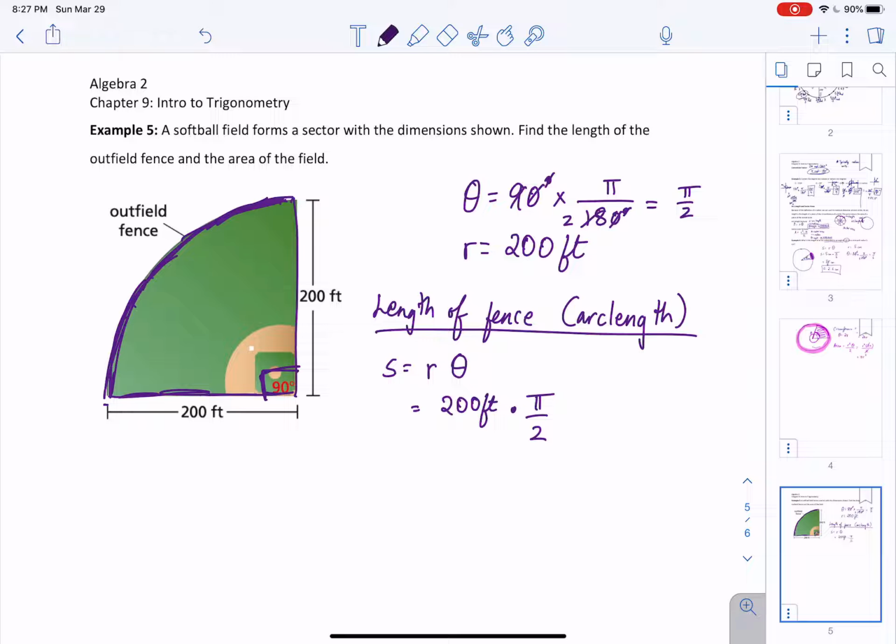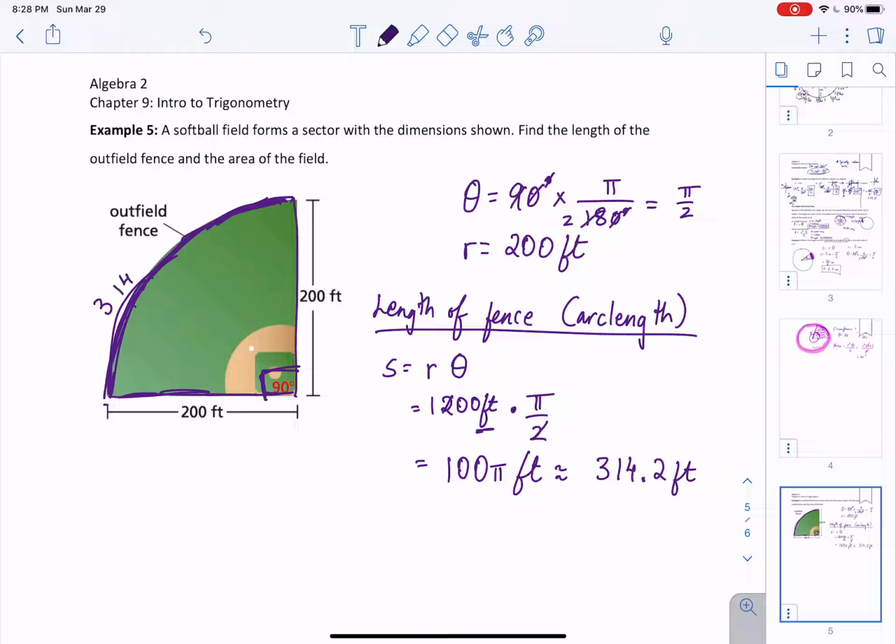Remember I said that radians don't have units, that's why we're not writing any units here. We just know that they're radians, but they don't have a unit attached to them. They just take on whatever length measurement we have. So the 2's will cancel, right? 2 goes into 200 100 times. You get 100 pi feet, which if I calculate that, 100 times pi is about 314.2 feet. So that's the length of this fence.